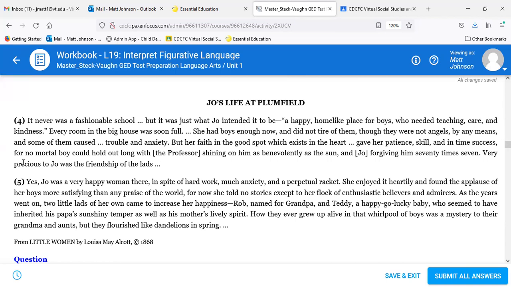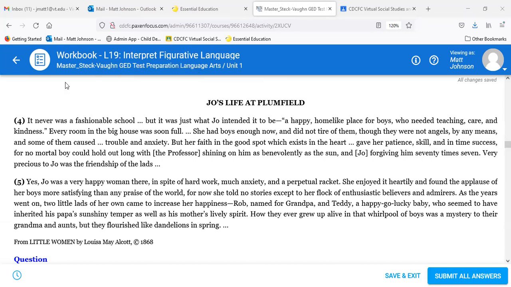It never was a fashionable school, but it was just what Jo intended it to be, a happy, home-like place for boys who needed teaching, care, and kindness. Every room in the big house was soon full. She had boys enough now, and did not tire of them, though they were not angels by any means, and some of them caused trouble and anxiety.